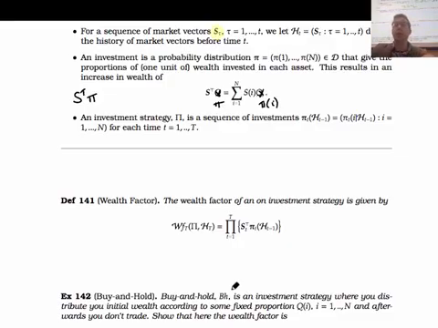Now, a bit like before, we looked at the amount that our wealth multiplied by over that period of time. So the wealth factor of an investment strategy is given by script WF. The wealth factor at time t of a policy pi, given the history, is the total amount I've multiplied my wealth by.